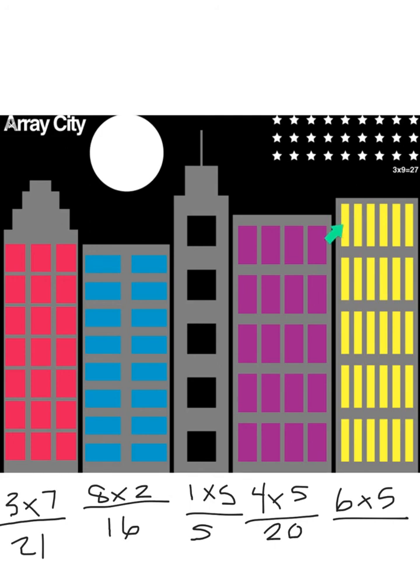Here we have 1, 2, 3, 4, 5, 6, 7, 8, and so on up to 30. So 6 times 5 is 30, or 5 times 6. Remember, they can be interchangeable.